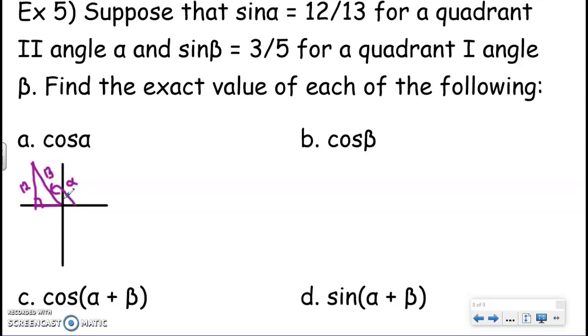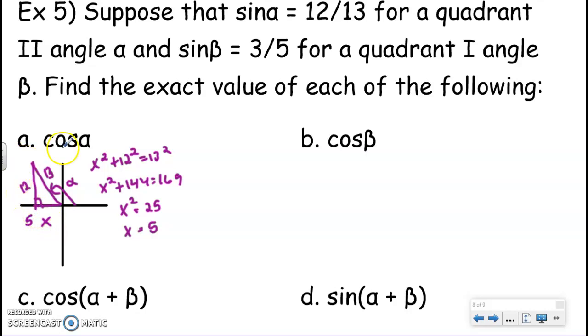I can actually go ahead and use the Pythagorean theorem to find this other side. We'll call this my x value, right? So I'm going to do x squared plus 12 squared equals 13 squared, unless you know your Pythagorean triples. So I get x squared equals 25, so x is going to be 5.